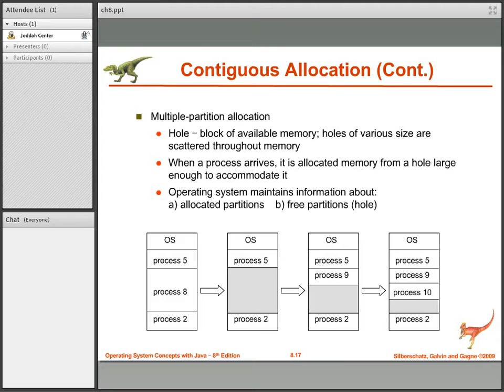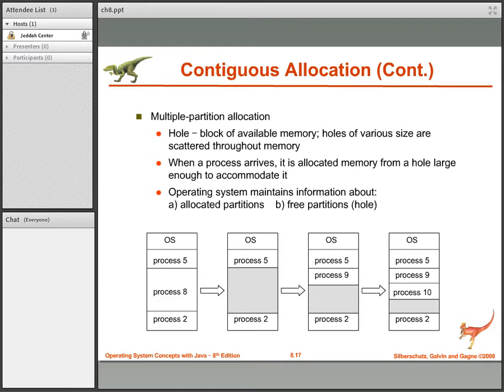If there is another process, 9, that needs to be swapped in to the main memory for execution, then process 9 is brought in to a part of the large hole. This also leaves a vacant part in the main memory.